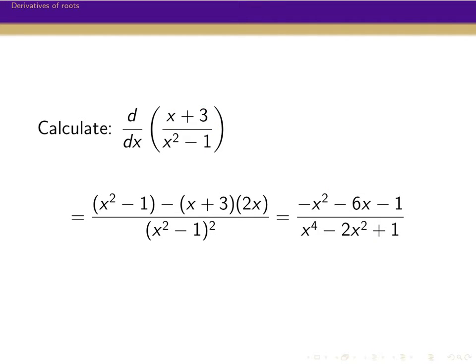So we've got x squared minus 1. That's really coming from f prime is 1 times g, minus f times g prime, all over g squared.